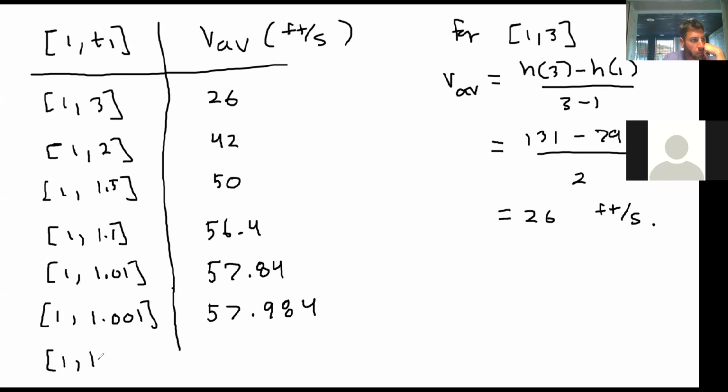If I do some more, what if I do 1.0001? If I go to my calculator and compute that, I now get 57.9984. If I continue this experiment, what I'm going to arrive at is something very interesting.